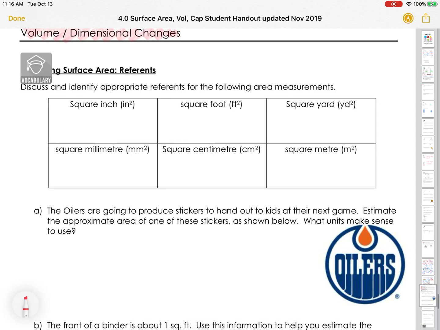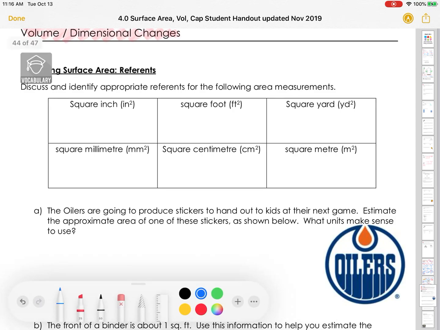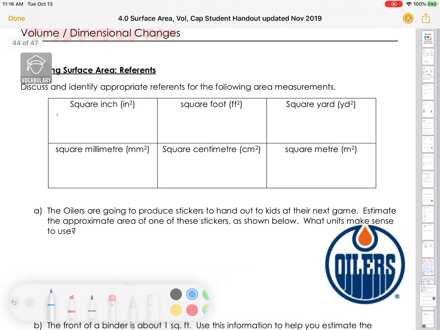So let's think about some possible referents that we can use for the following area measurements. For a square inch, an inch might be the width of your thumb.